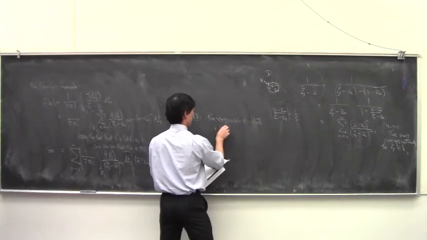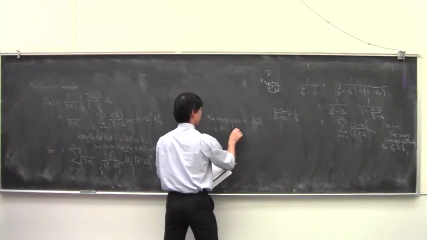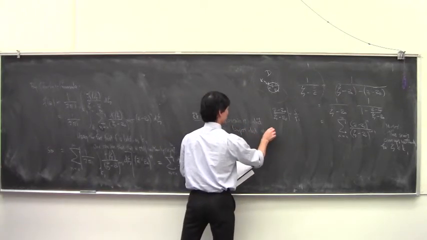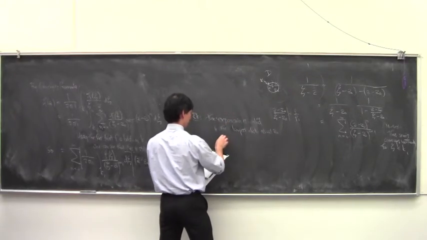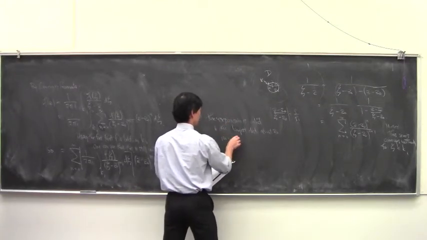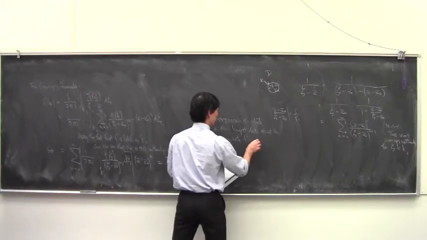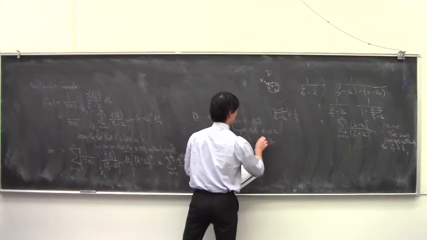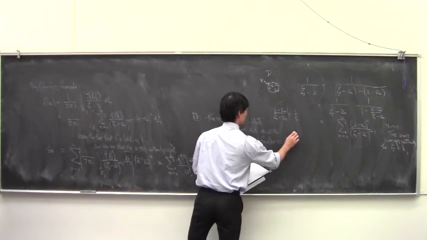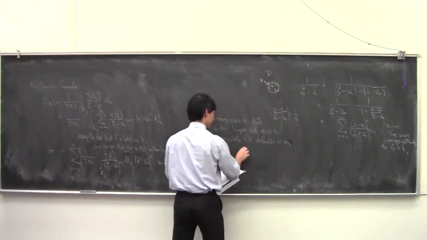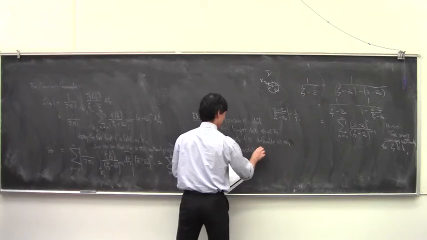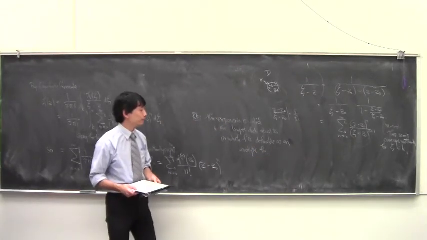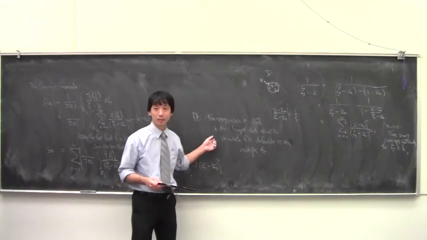In the largest disk about z naught in which f is definable as an analytic function. So it may be that there's some singularity.